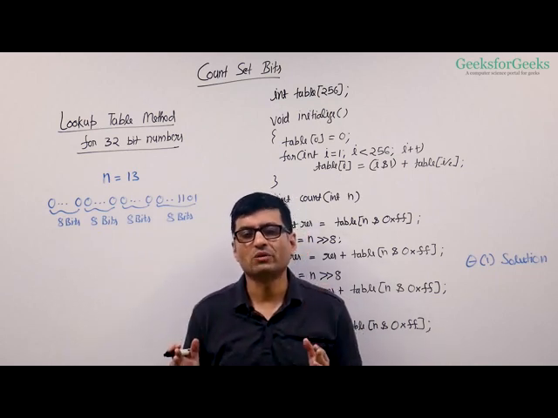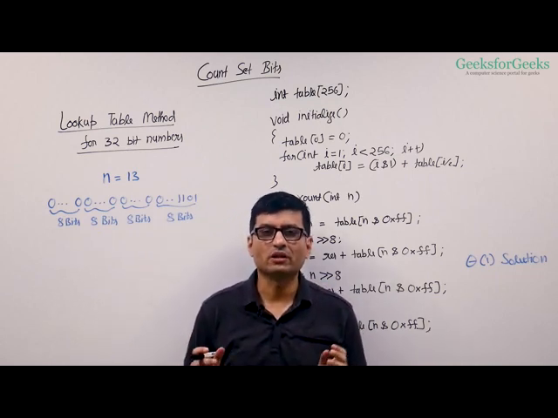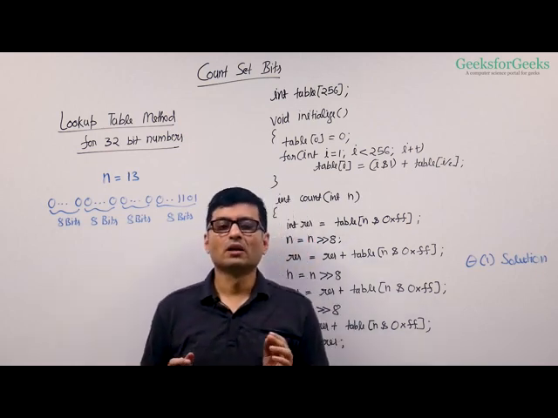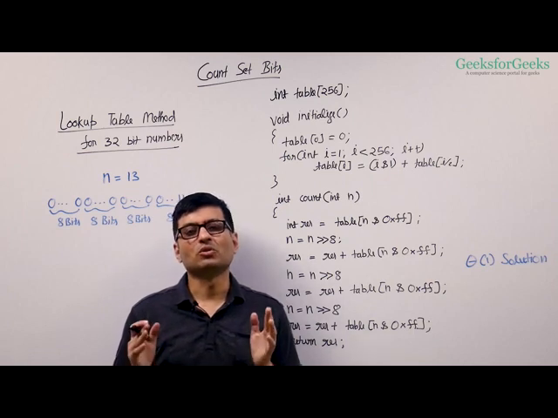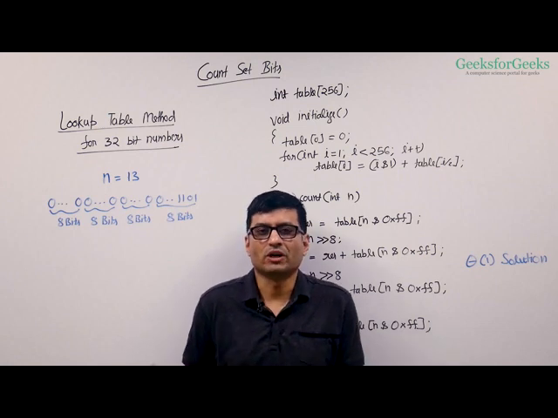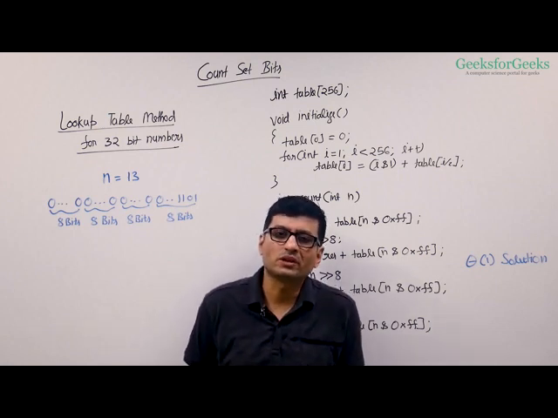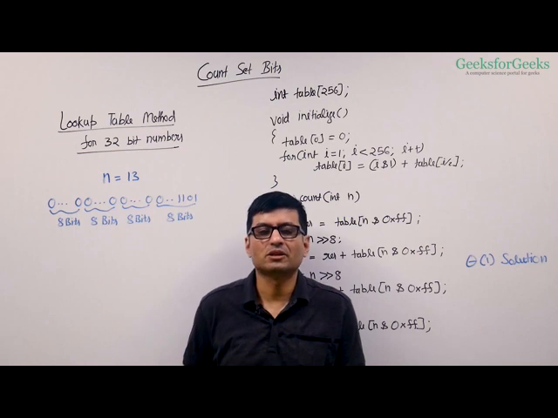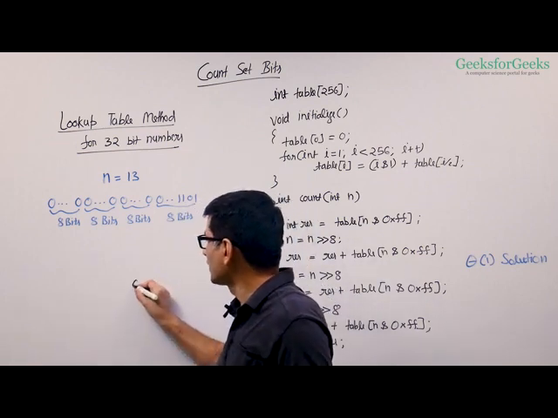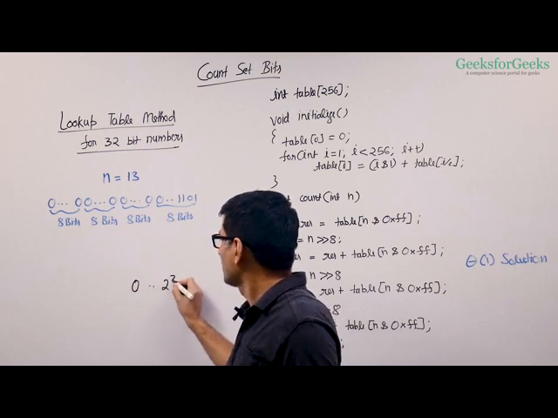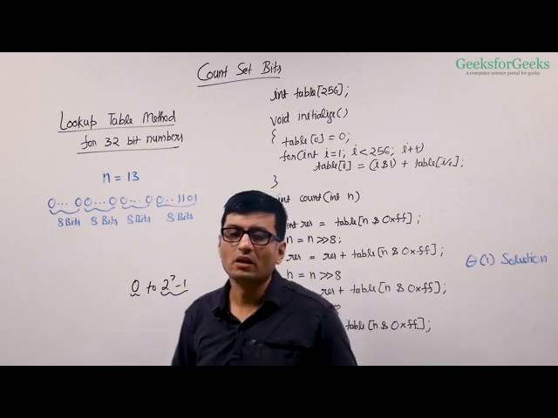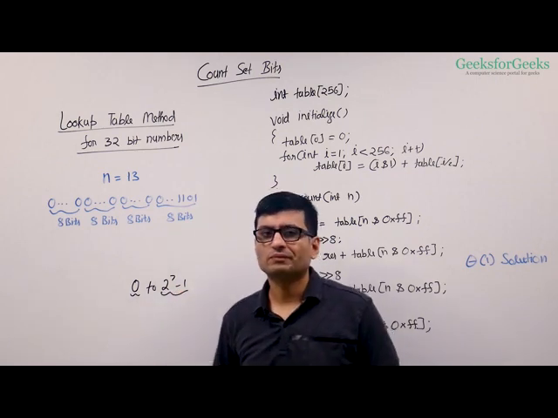We divide our input 32-bit number into 8-bit chunks. So there are 4 chunks. When you have 8 bits, what is the range of your numbers? From 0 to 255. Simply 0 to 2 raised to the power 8 minus 1, right? So these are the numbers that you can represent with 8 bits, which is 0 to 255.